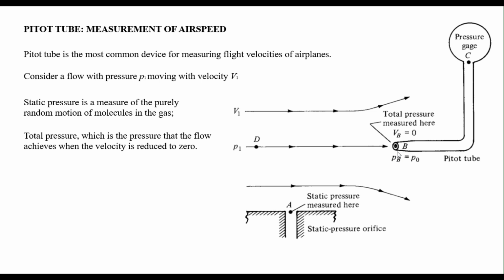The pressure gauge at C reads the same pressure, so this measurement along with the measurement of static pressure P1 at point A will yield the difference between the total pressure and the static pressure, which is P0 minus P1.